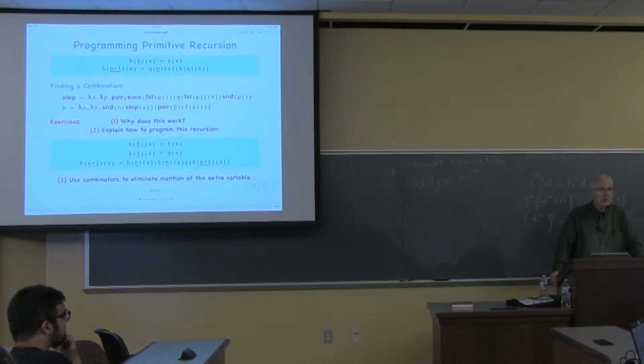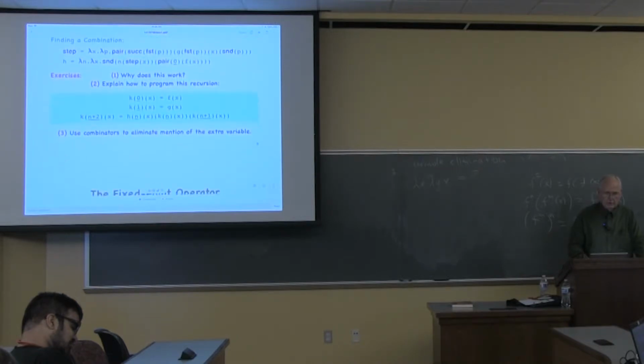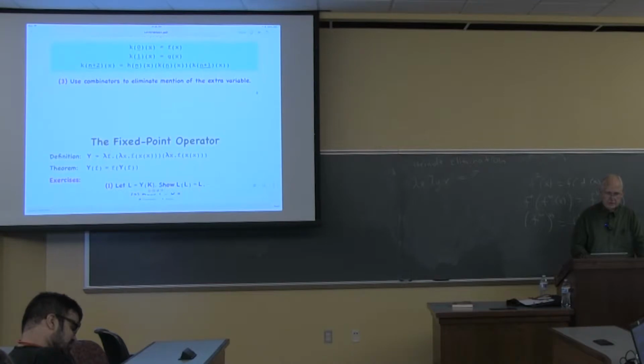It's very similar to the trivial definition of predecessor, but here we have to keep track of more data as we're doing this computation of passing from n to n plus 1. And of course, you could do more recursions and things like that. I have to leave those as exercises.